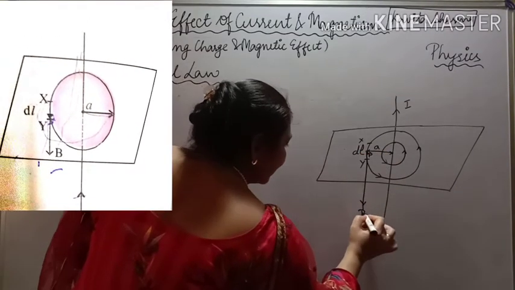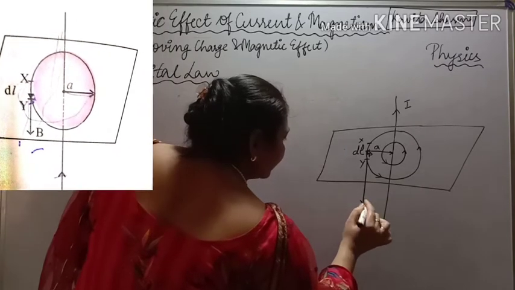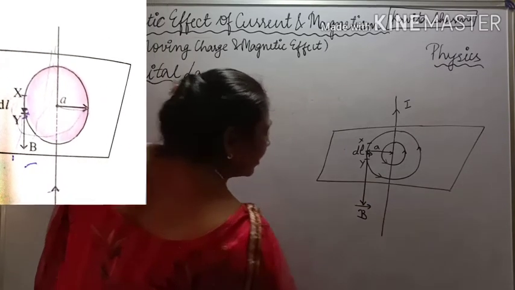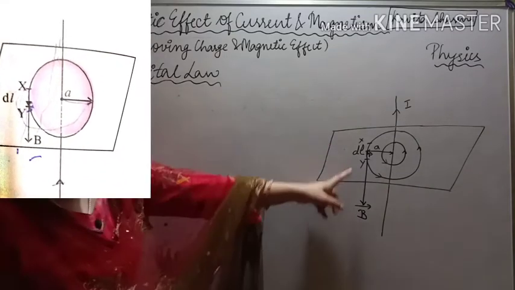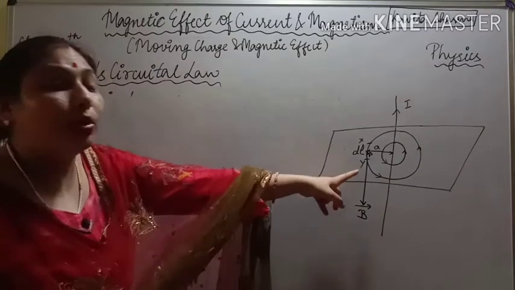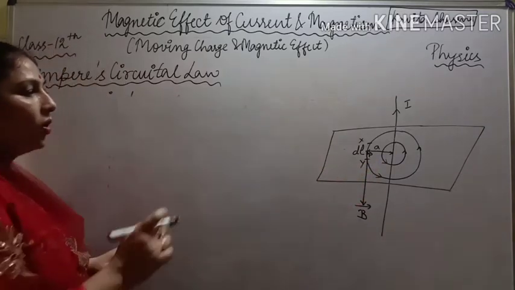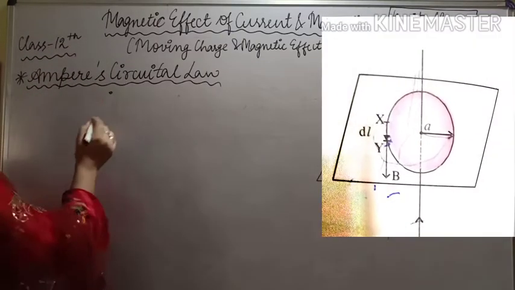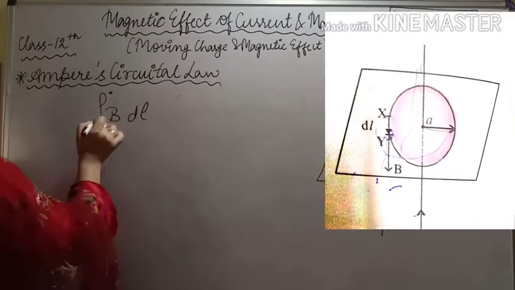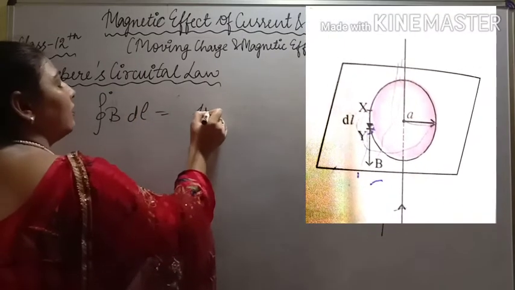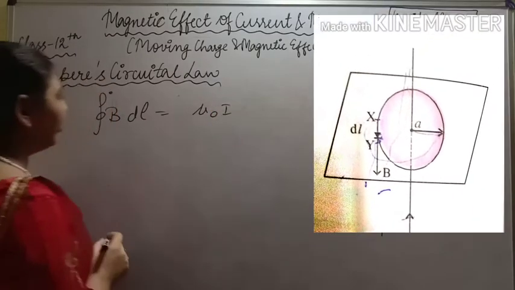This is represented by B. B and dl have the same direction because B is tangential to the magnetic field lines. So according to Ampere's circuital law, the line integral of B dot dl is equal to mu naught I. Now we prove it.